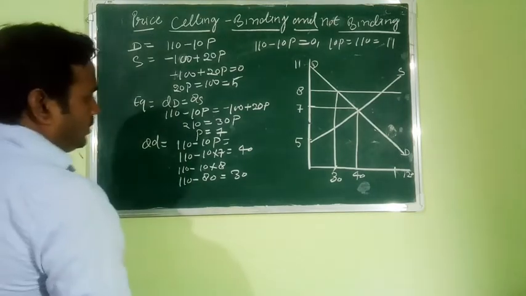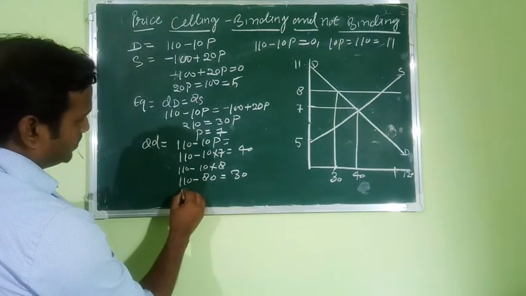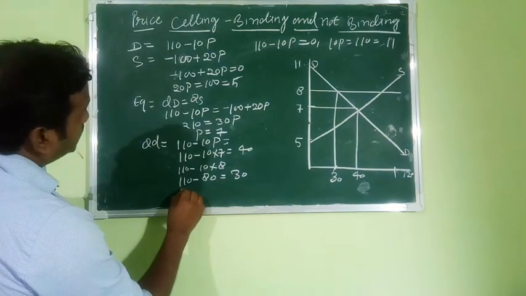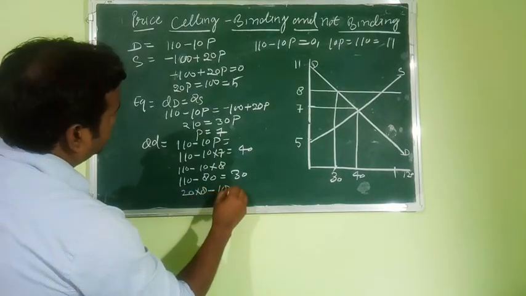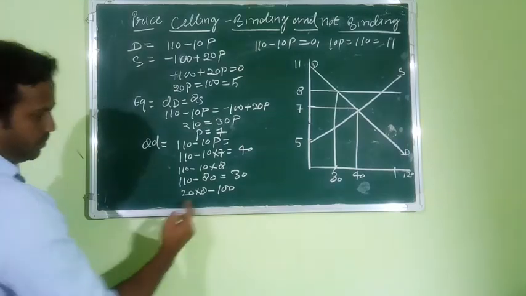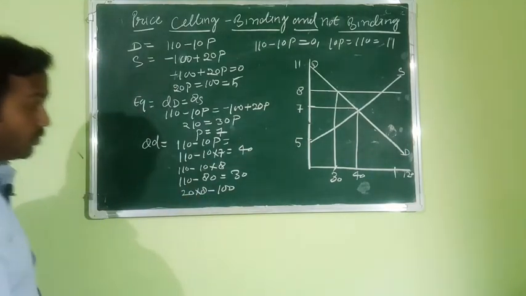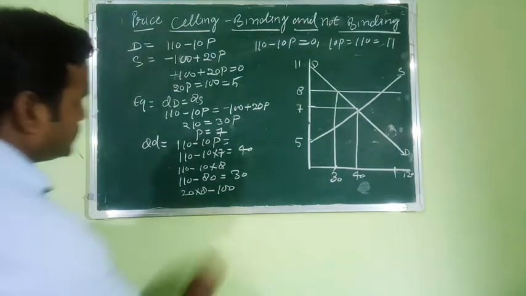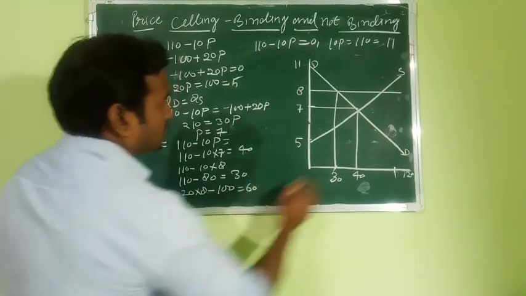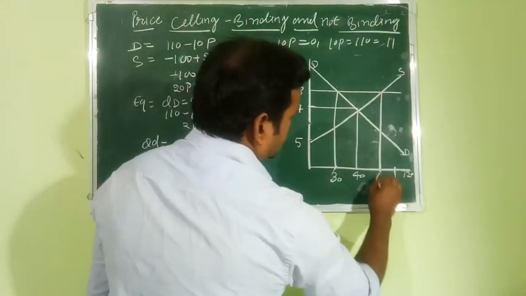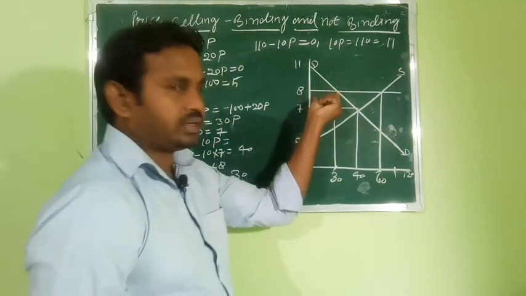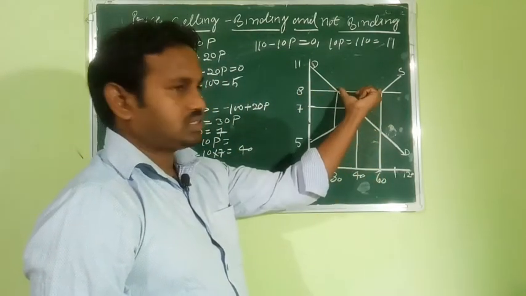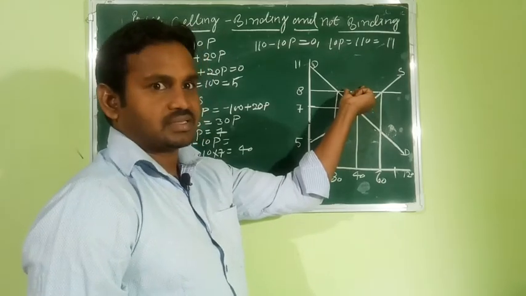And quantity supplied is 20 into 8 minus 100, which means quantity supplied is 60. As market demand is only 30 quantity, but supply is 60, there are 30 quantity excess.